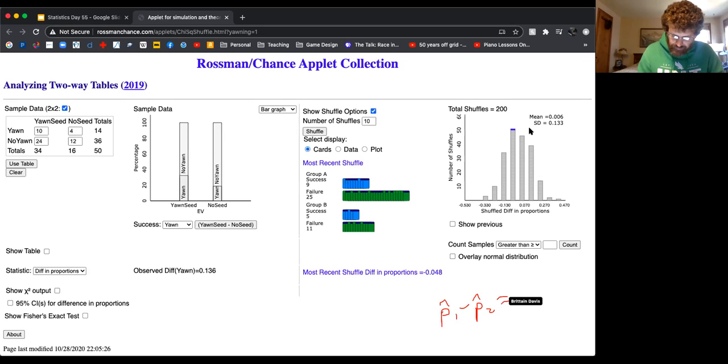On average, whatever that mean happens to be, this distribution has this layout. Maybe I want to keep those numbers in mind. That 0.006, we could assume it's basically 0.00. And the standard deviation here, because we're going to come back to that one later, is 0.133.